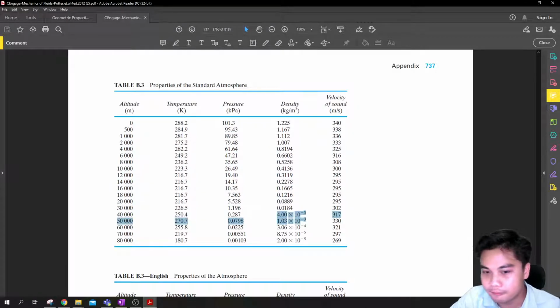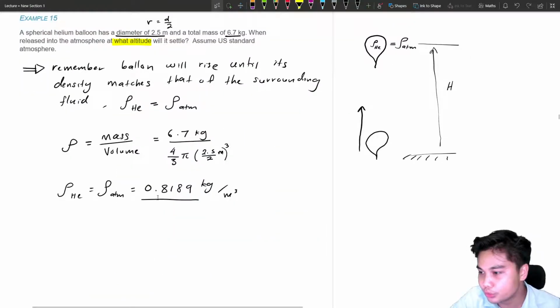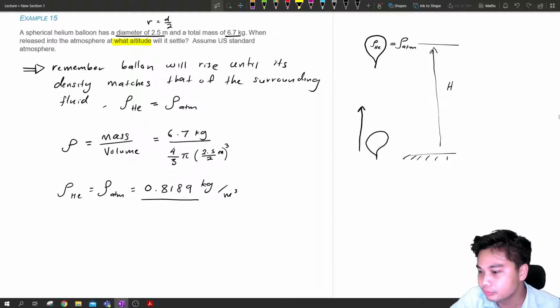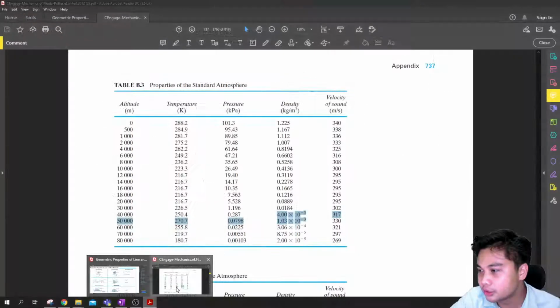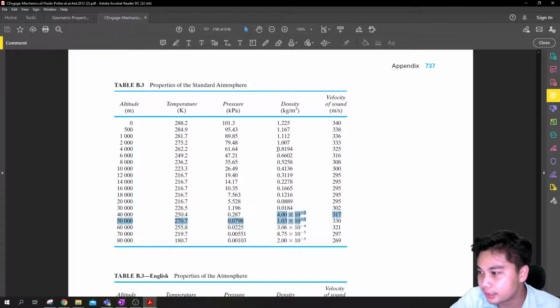So let's find the value closest to 0.8189. The closest is around this. I don't want to do the interpolation, so I find this is almost the closest to my value of 0.8189.